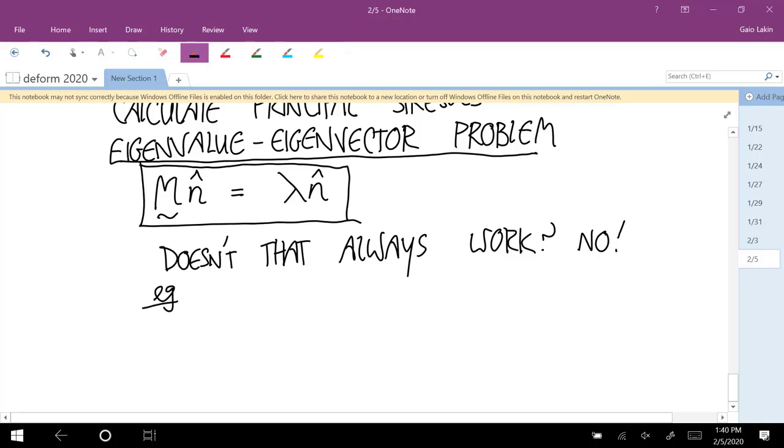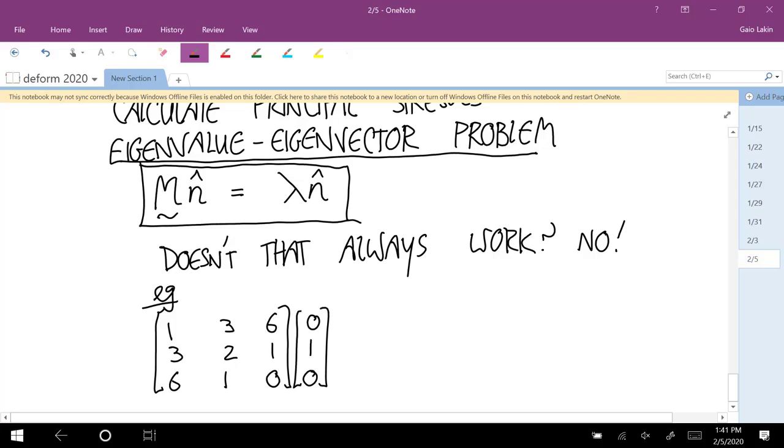For example, let's take this matrix 1, 3, 6, 0, 2. Let's even make it symmetric, because we're going to be dealing with a symmetric matrix: 6, 1, 0. And multiply it by the vector 0, 1, 0, just to make it easy to visualize. The vector you get out is 3, 2, 1, which is clearly not in the same direction as 0, 1, 0.